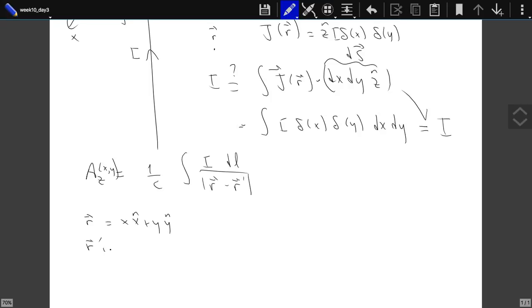Now, r' is, let's say, z' in the z direction, since the current is along the z axis.